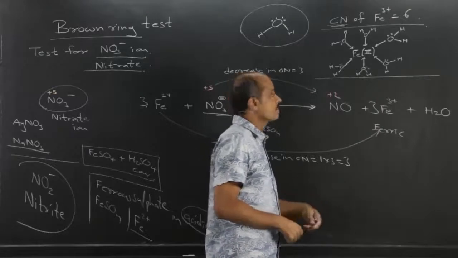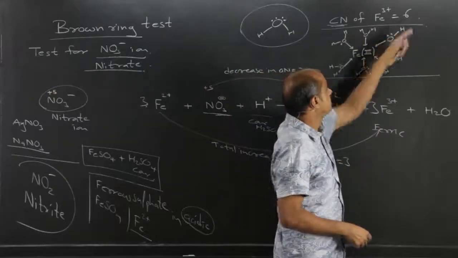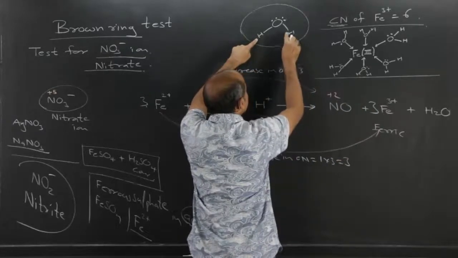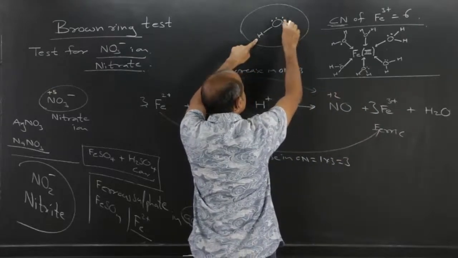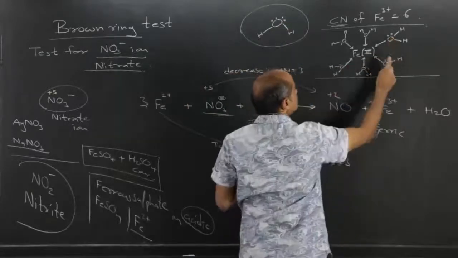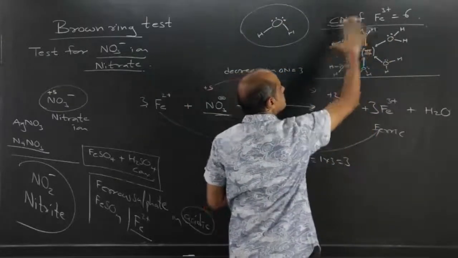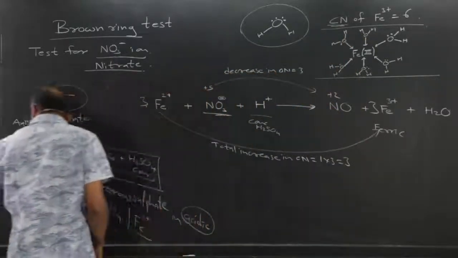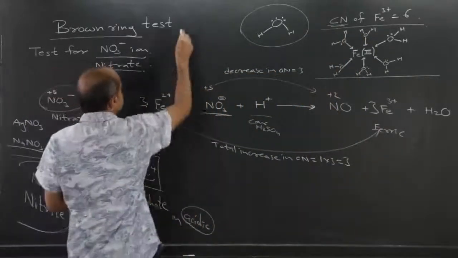Ferric plus 3 has a tendency to form 6 coordinate covalent bonds. One molecule of water at a time, out of 2 lone pairs, makes 1 available and it is shared. Such 1, 2, 3, 4, 5 and 6, 6 coordinate covalent bonds are formed. In short, it is normally written in this fashion.